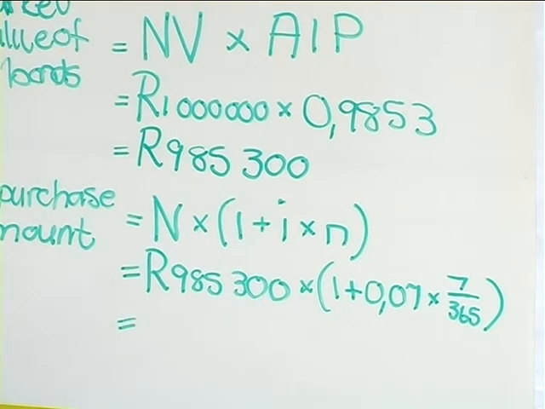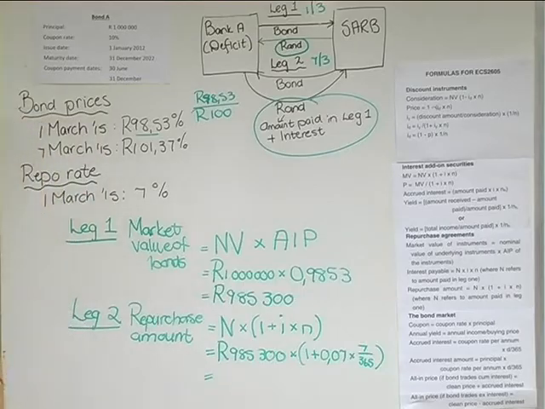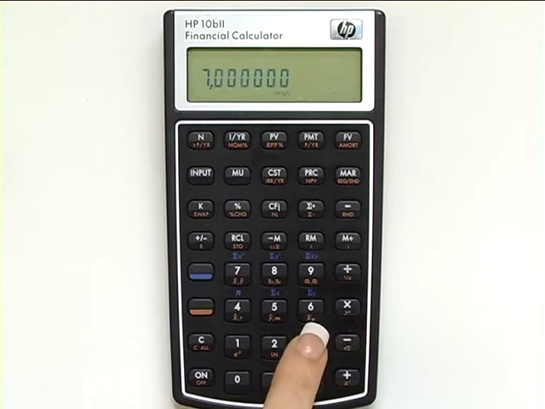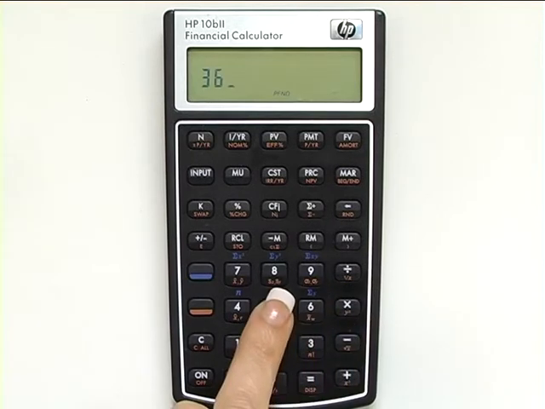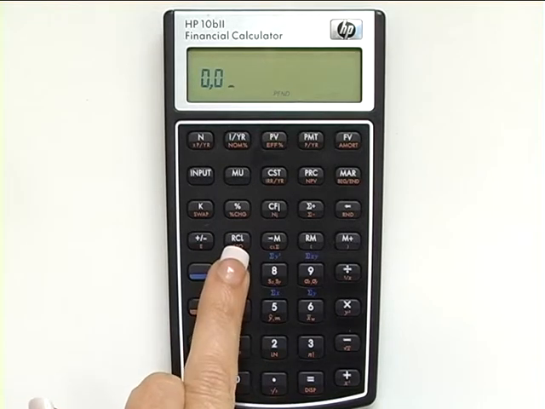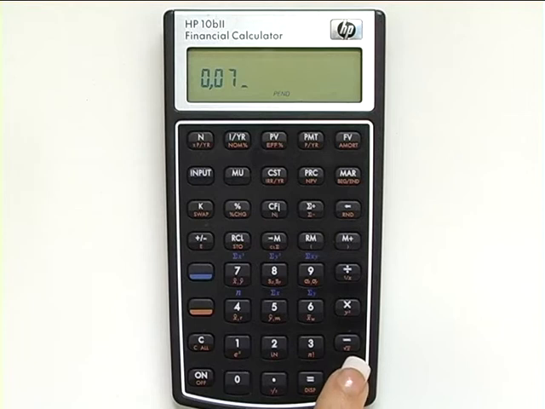So if we do that calculation, starting from the back, 7 divided by 365 times 0.07 equals 0.001342 plus 1.